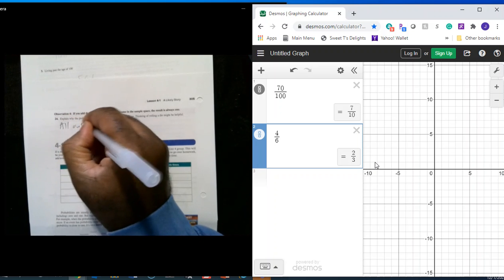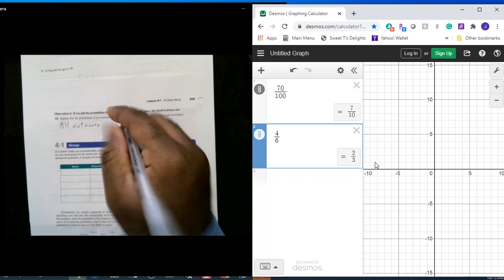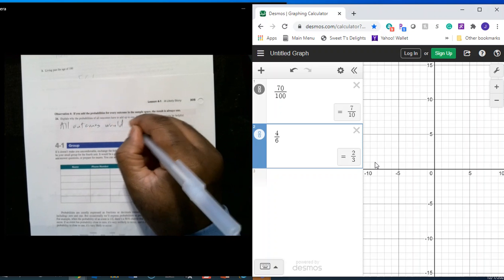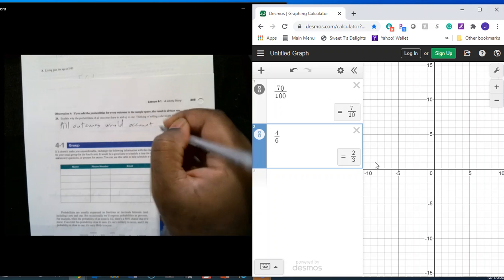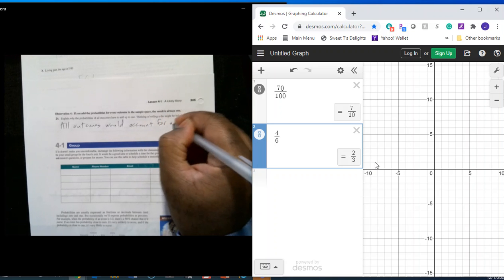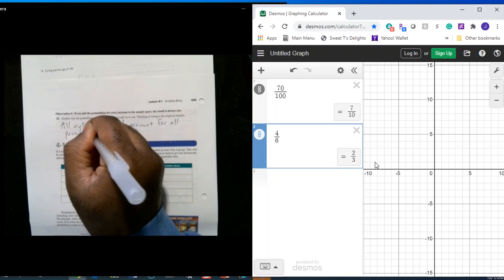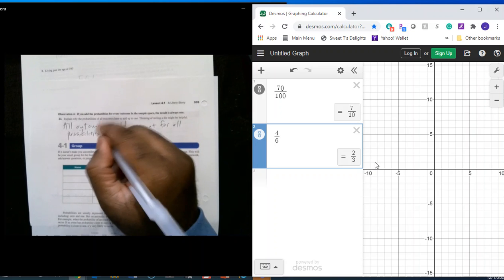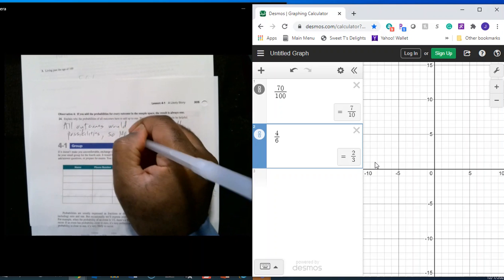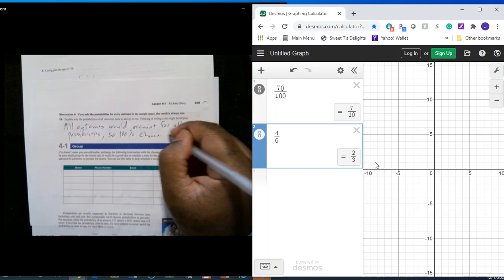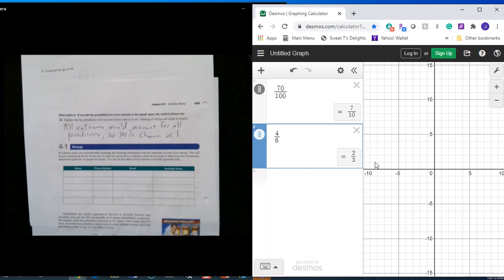All outcomes would account for all possibilities, so 100% chance or 1. And that is basically it from section 4.1.